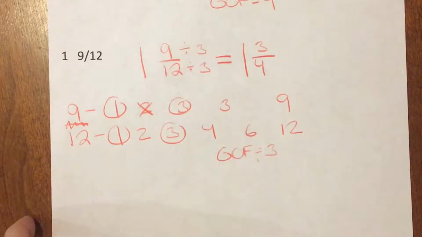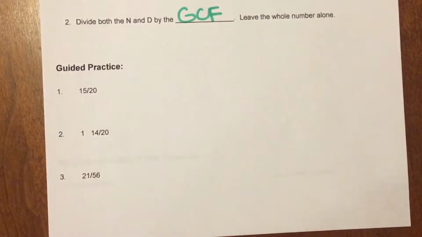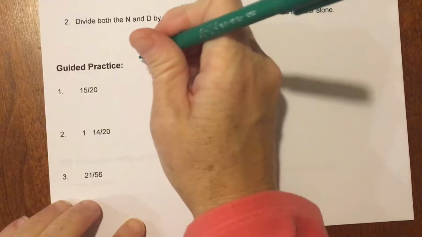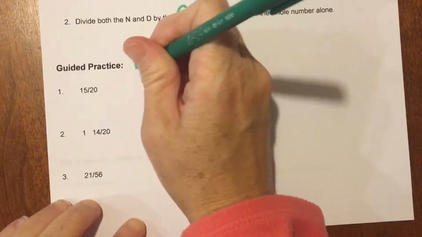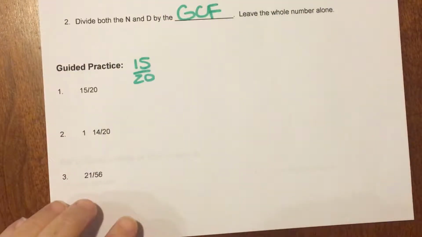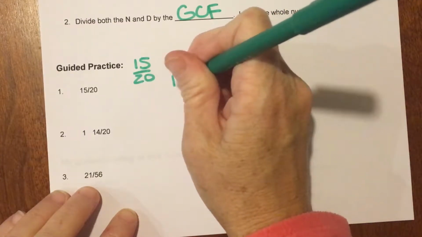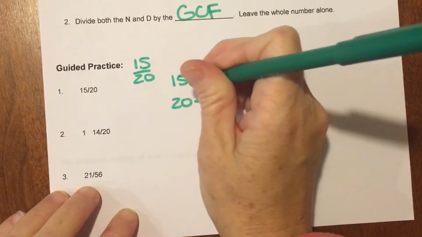Okay, let's try some together. All right, the first one is 15/20. That's my preferred way of writing it. I'm going to set up 15 and 20.